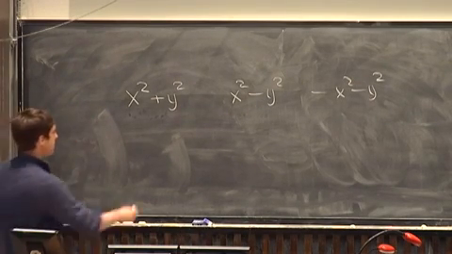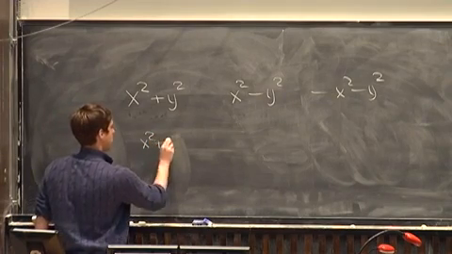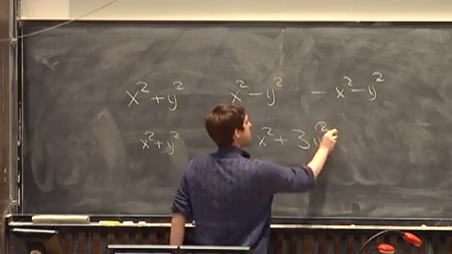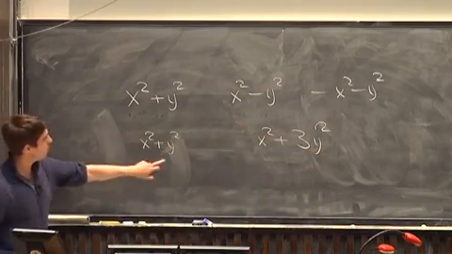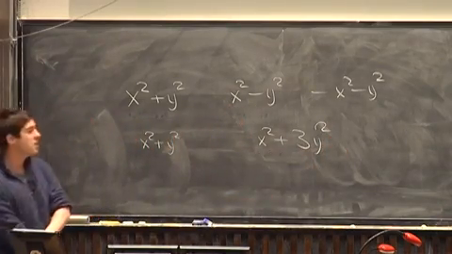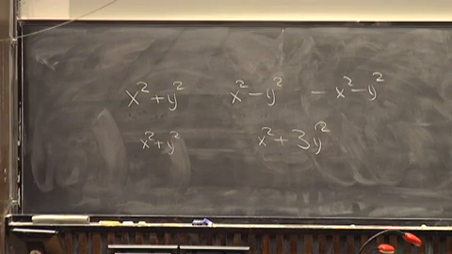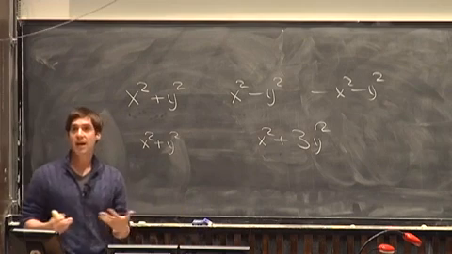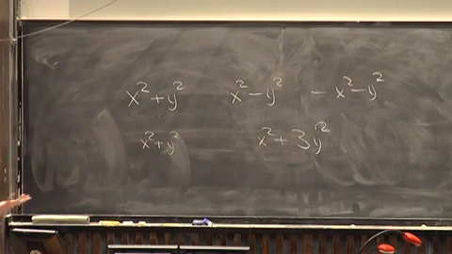But it's easy to give examples of quadratic forms over the integers which are not equivalent, but which have the same signature. For example, these 2 quadratic forms here, they're both positive definite, so they're equivalent over R. But they're not equivalent over the integers. And one way to see that is to see what happens when you reduce modulo 3.